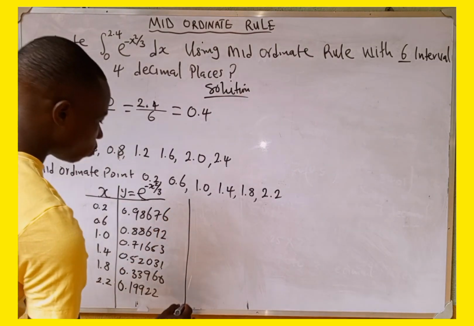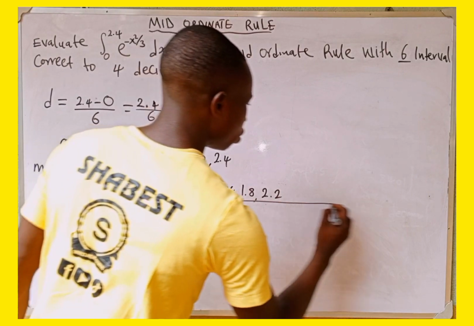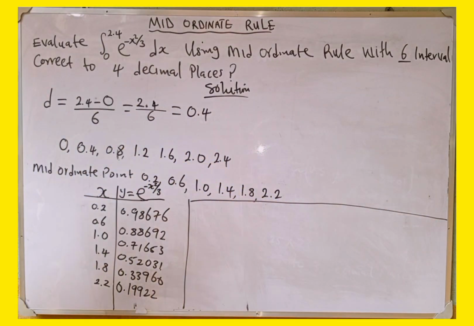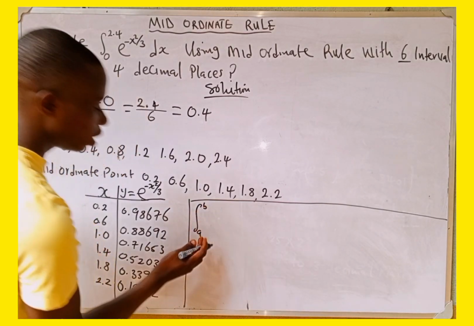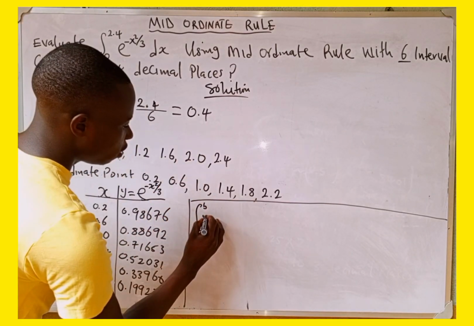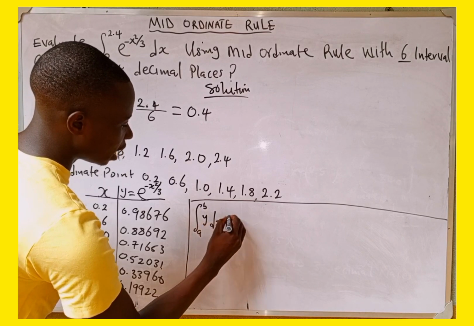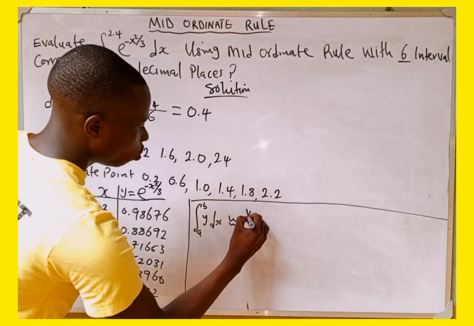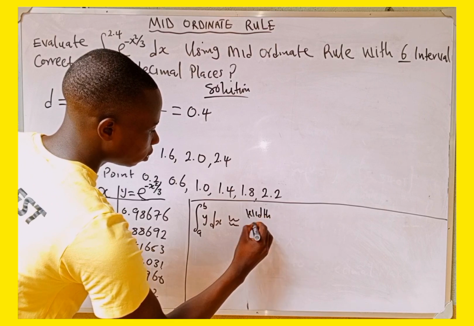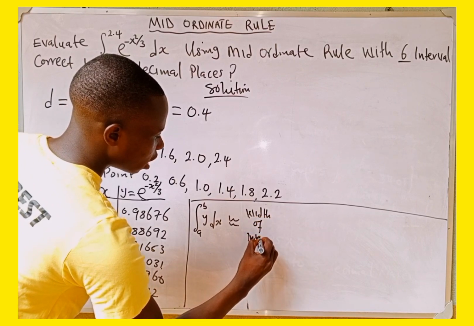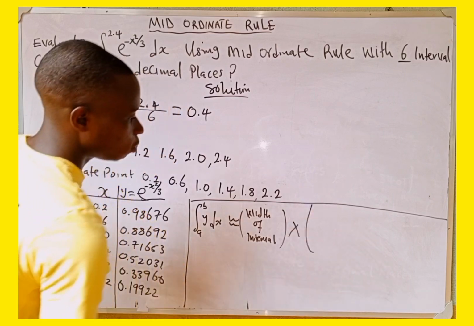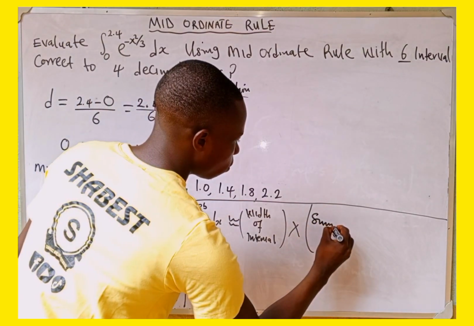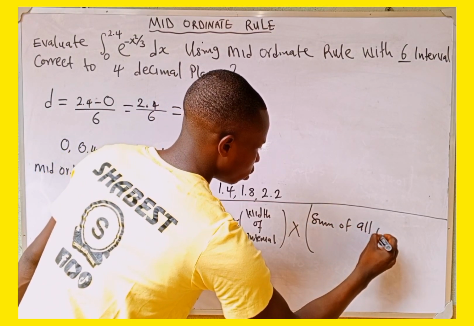The next thing is to write the mid-ordinate rule formula used to evaluate integrals. The formula is given as the integral from a to b, these are the limits, of the function with respect to x, which is approximately the width of the interval multiplied by the sum of all ordinates.